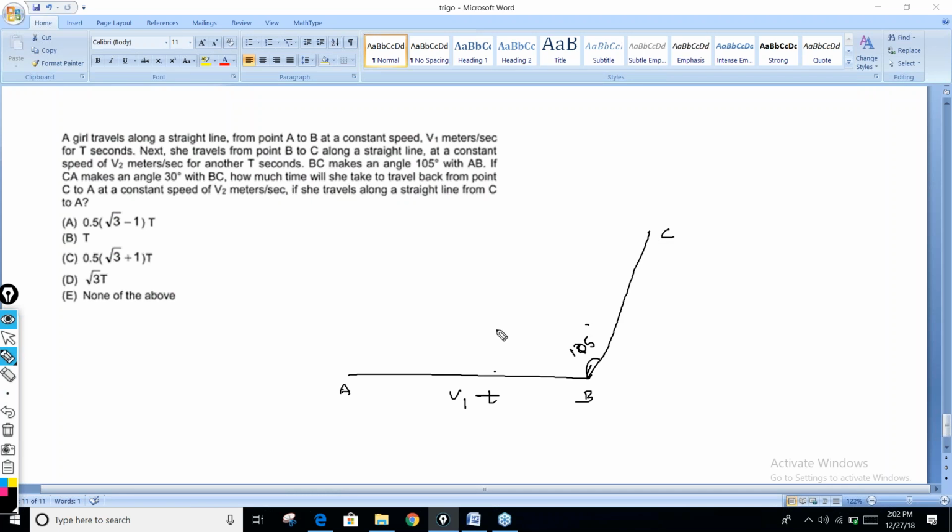That is point C, at a speed of v2. If CA is making an angle of 30 degrees with BC, how much time will it take to travel from C to A at a constant speed of v2?